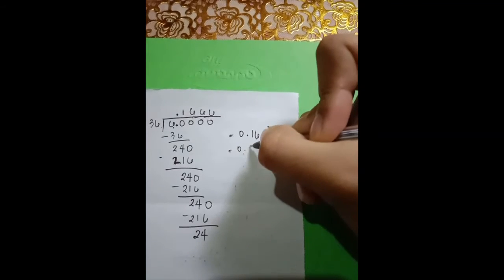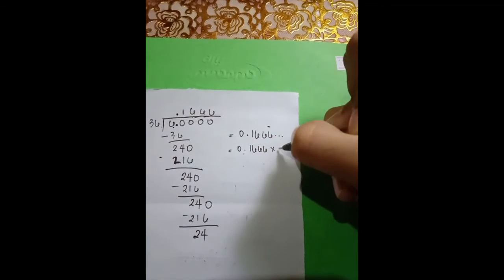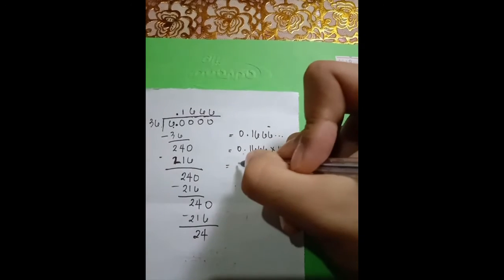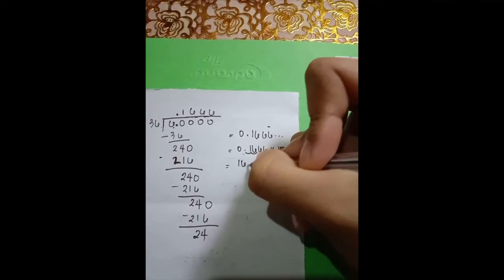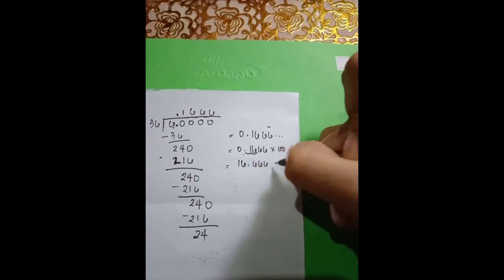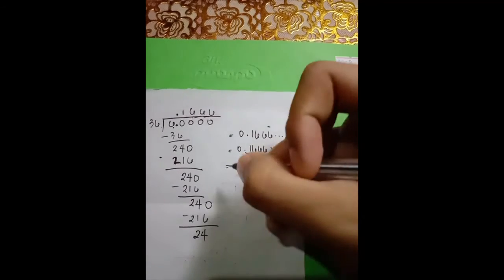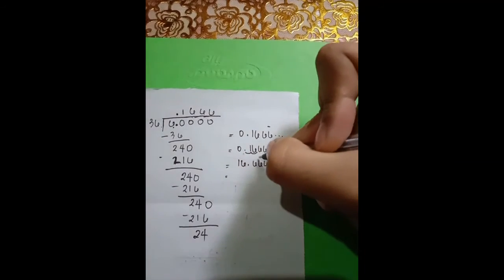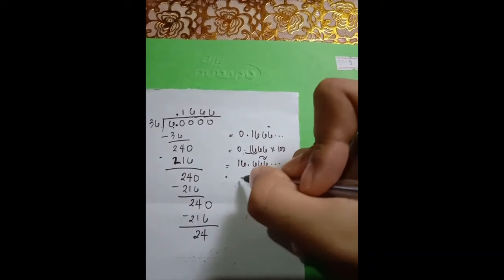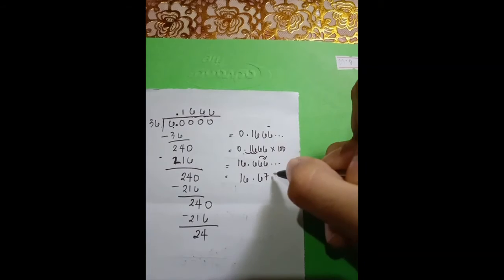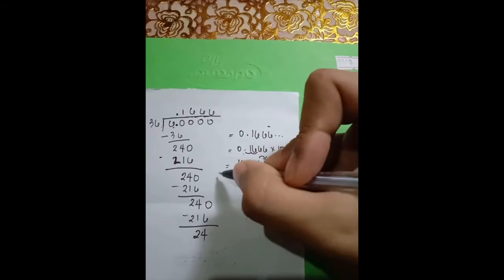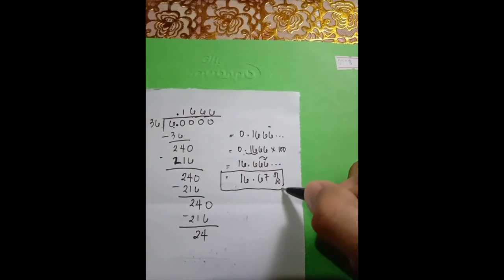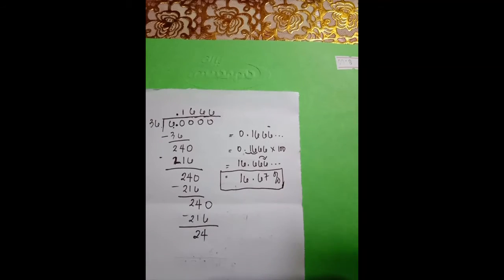So 0.1666 times 100 is equal to, we move 2 decimal places, 1, 2, so 16.666. It is still repeated. And then we round it off by the nearest hundredths. Therefore the answer is 16.67. And since our new topic is percent increase or decrease, we put a percent sign. So that's how we get it.